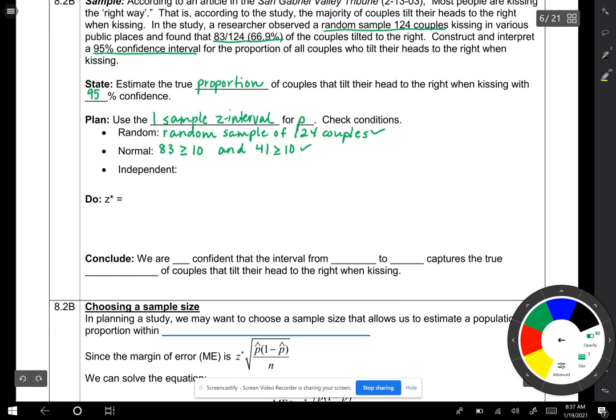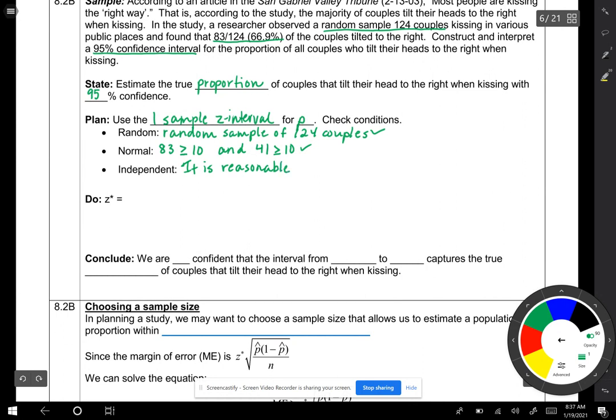And as far as the independent condition, multiply your sample size by 10. It is reasonable to assume that there are more than 1,240 couples who kiss in public, because you're not going to sample with replacement here.